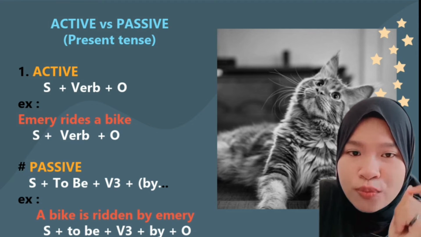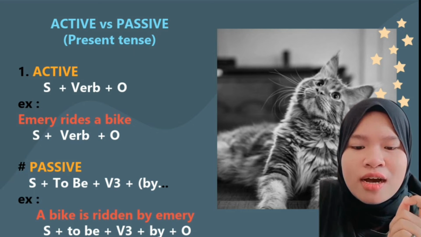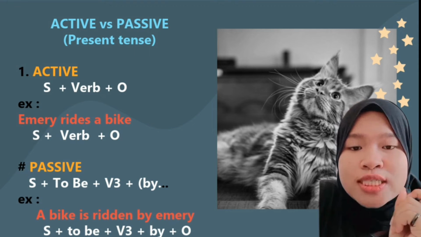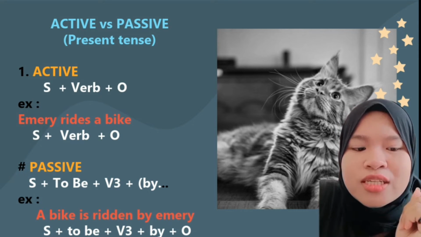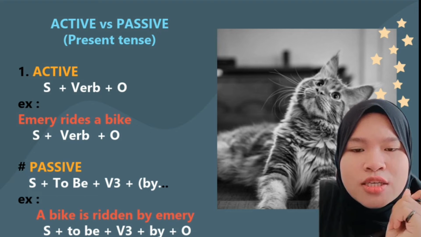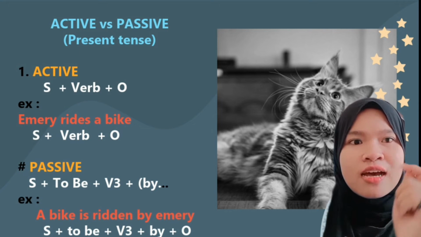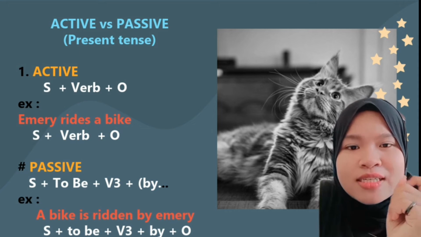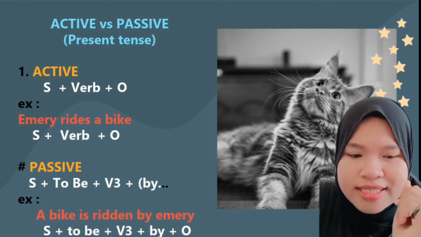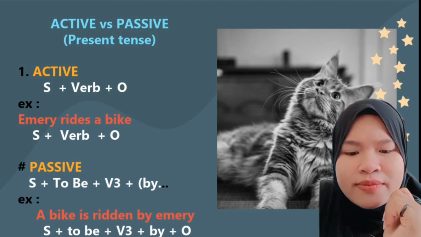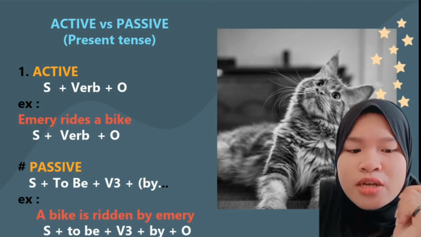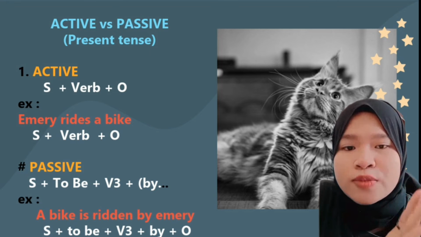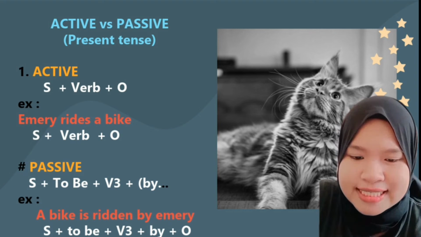Then we need to be, which is singular for a bike, only one, and using the simple present tense, you can use is. The simple present tense to be is is and are. Then the verb 3 is ridden, and then add by Emery, because Emery is the object in the passive sentence.